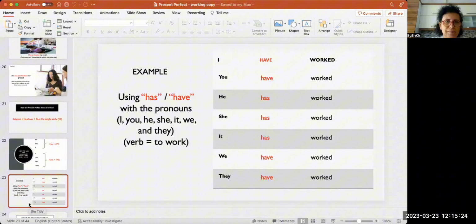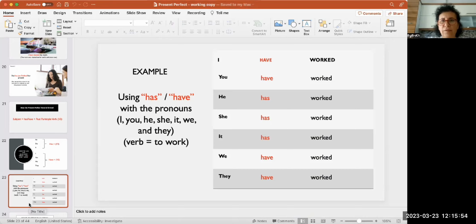Now here's an example. Now we're going to use the verb to work. To make this sentence in the present perfect, we would use I with have: I have. And the past participle verb is worked. I have worked. And then if you were using you, you have worked.